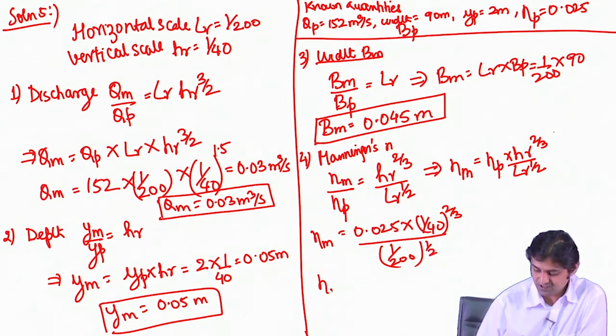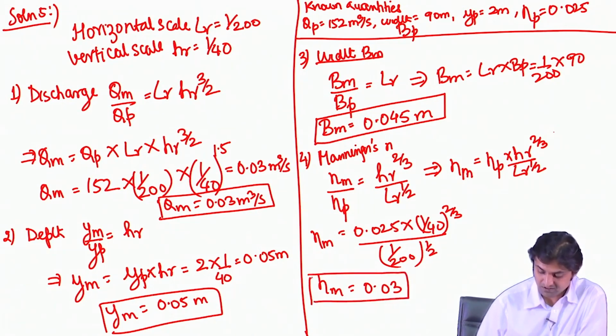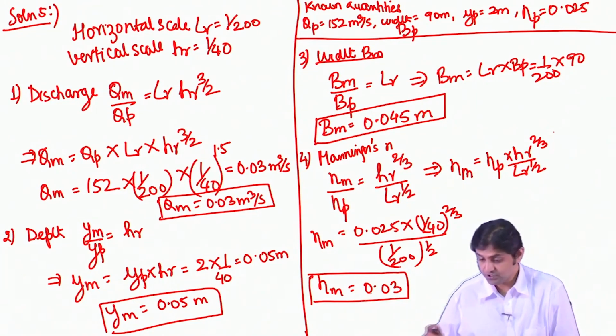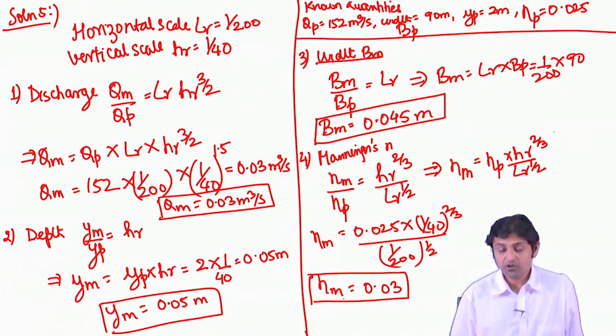So nm comes out to be 0.03. Prototype roughness was 0.025 and the model roughness is 0.03.